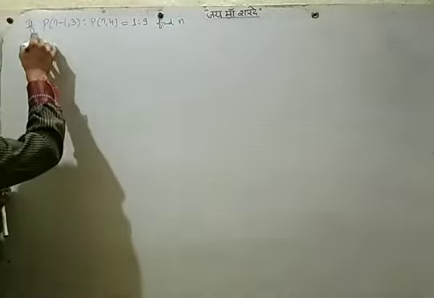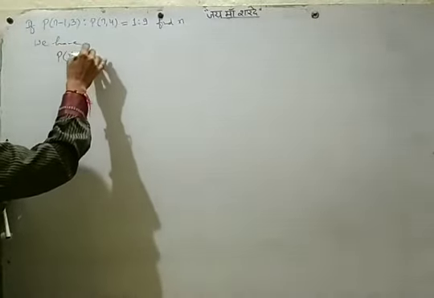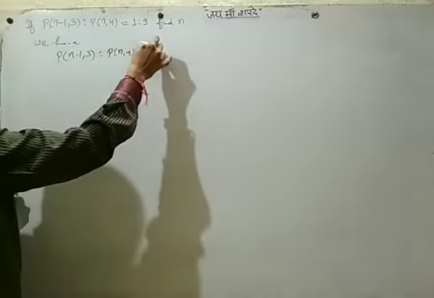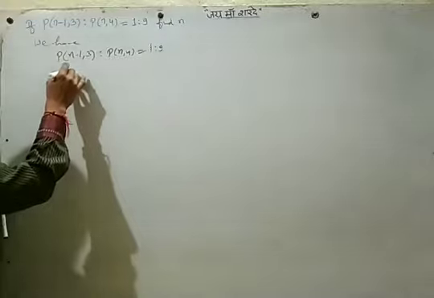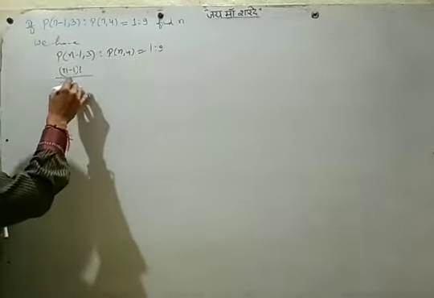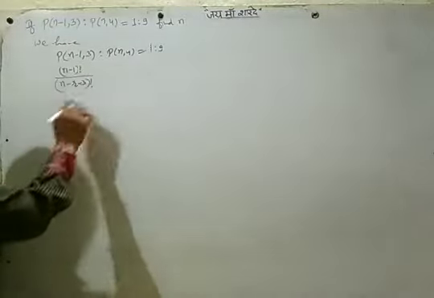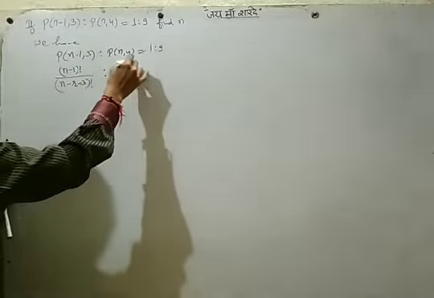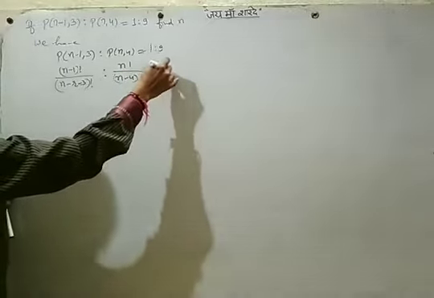So what we have? P(n-1, 3) is to P(n, 4) equal to 1 by 9, 1 is to 9. So it can be written as (n minus 1) factorial upon (n minus 1 minus 3) factorial, upon n factorial upon (n minus r) factorial, that is n factorial upon (n minus 4) factorial, equal to 1 is to 9.